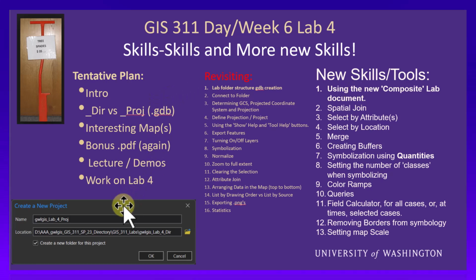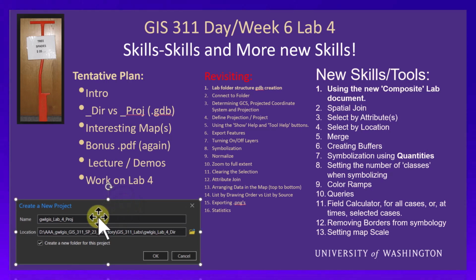In addition, I would like to call your attention to creating a new project. Specifically for Lab 4, this is what creating a new project would look like in Pro. You would create the name of the project as user ID underscore lab underscore the lab number.